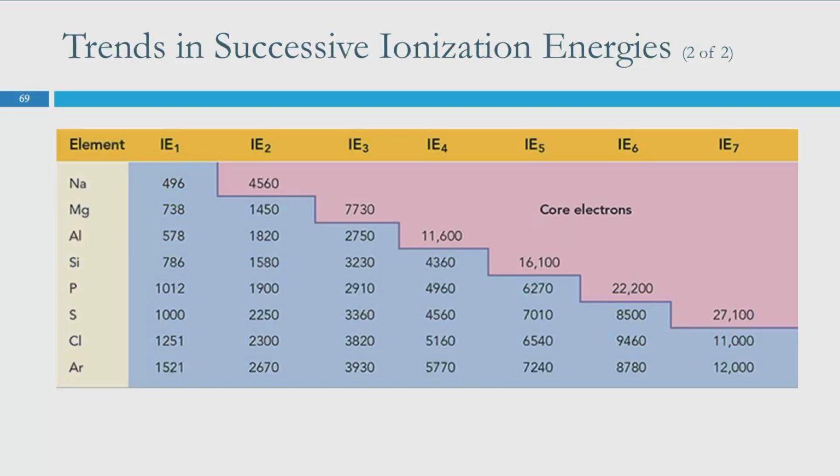And for our ionization energy just before that, it's relatively small compared to its downstairs neighbor. So like for magnesium, this second ionization energy, all of these are the last electron in the valence shell.